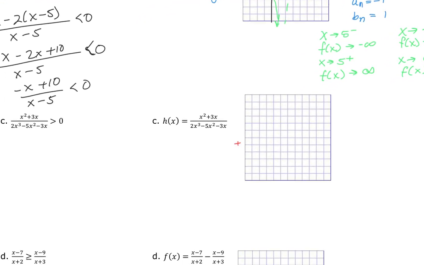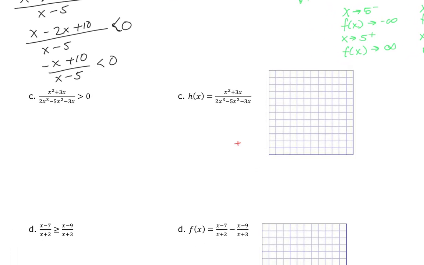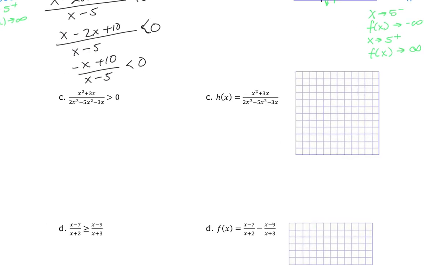Let's take a look at this example. So once again, I want to factor numerators and denominators first and foremost. So I have x plus 3. In the denominator, I'm going to factor out an x, leaving me 2x squared minus 5x minus 3 is greater than 0.